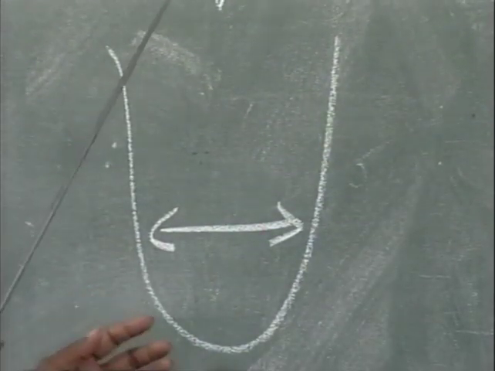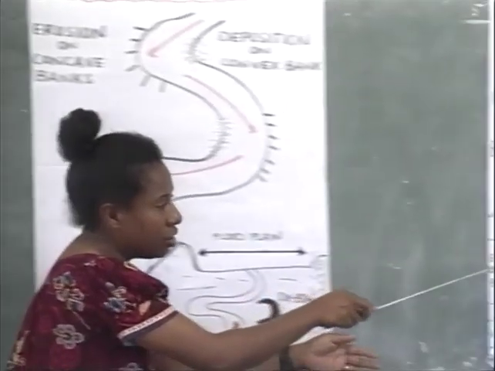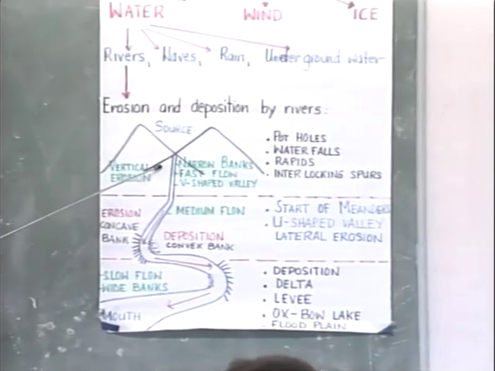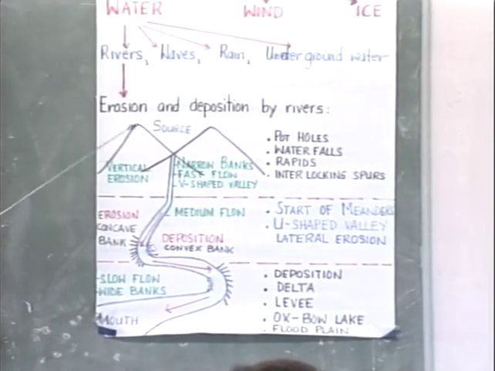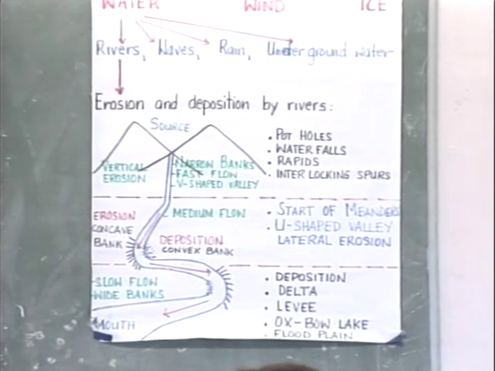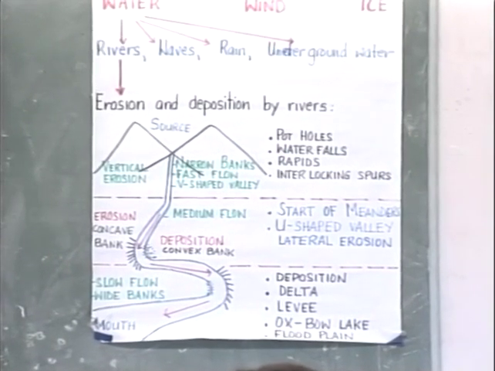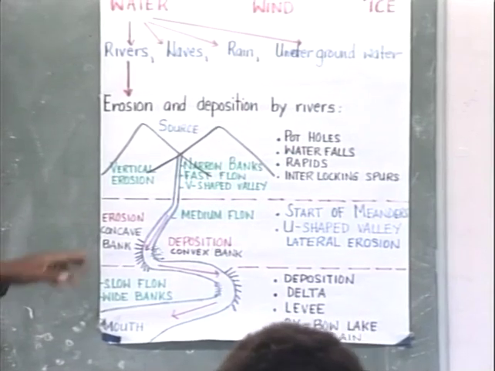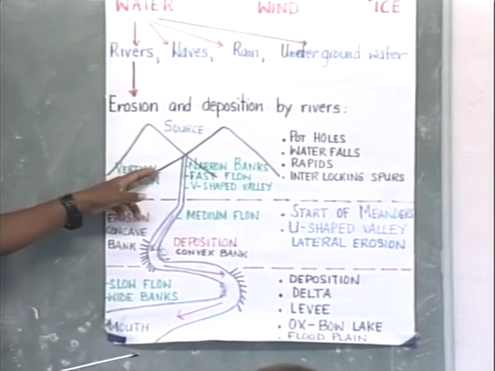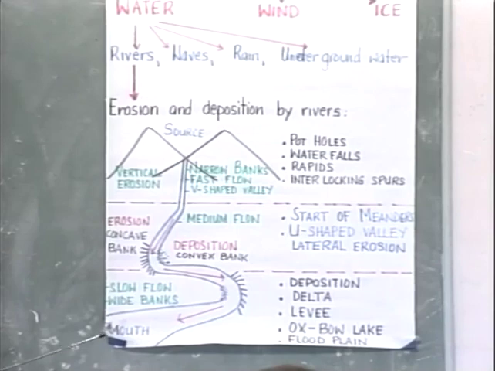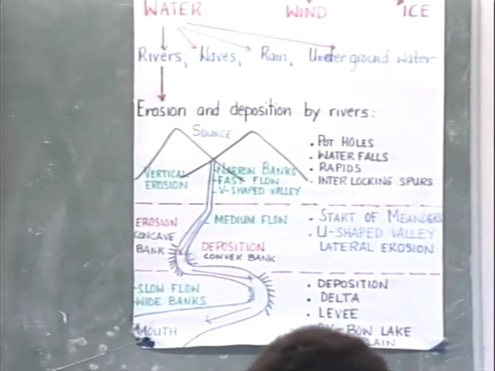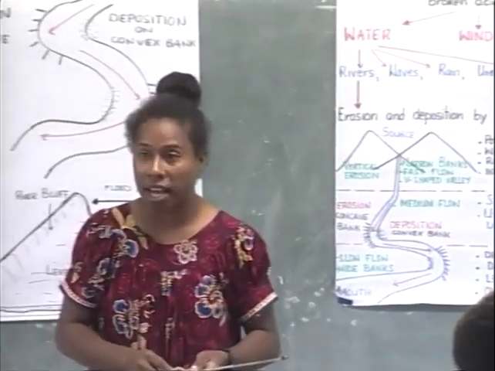By the time the river flows to the second stage, the water is flowing a little bit slower in comparison to the first. Therefore, that effective power of eroding head-on is actually no longer there. As a result, the water slows down and it starts to twist and turn, or it starts to meander.